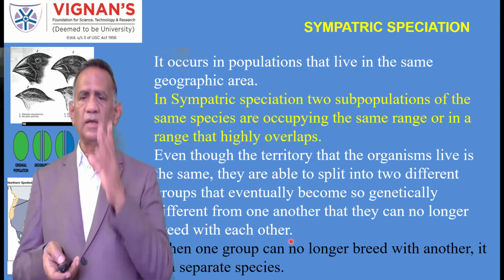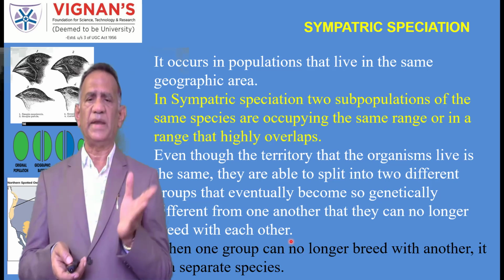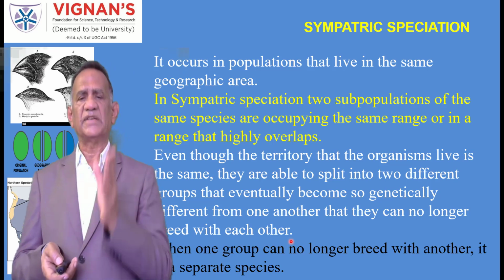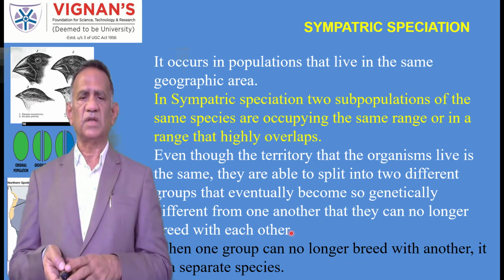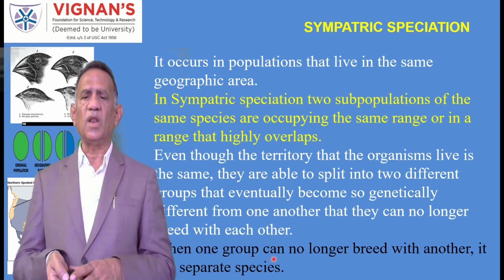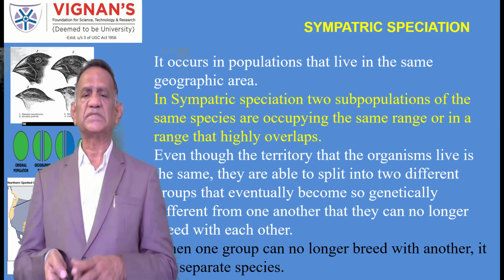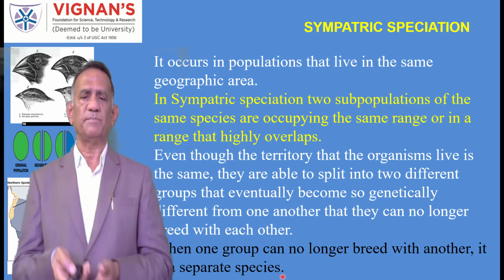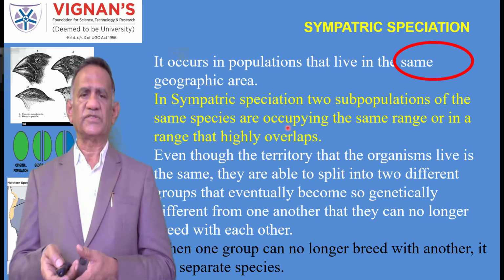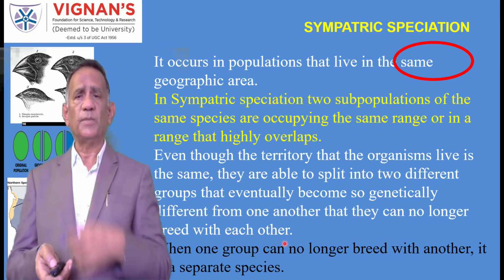Once there is no longer breeding between them, they form a separate entity. When one group can no longer breed with another, it is a separate species. That's sympatric speciation. Now let us see a few of the points here.